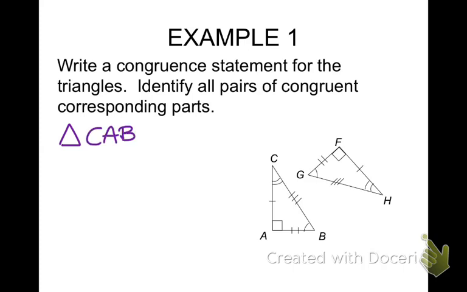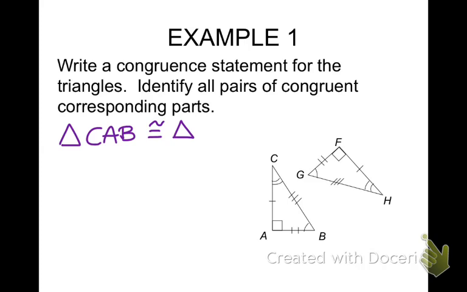CAB. All right. So if we say triangle CAB, that's going to be congruent to. Now what's important when you write your congruent statement is you need to match up the corresponding parts. C is this angle right here with two angle marks inside of it. What angle over here would be the corresponding part of angle C? H. Does everybody see that?